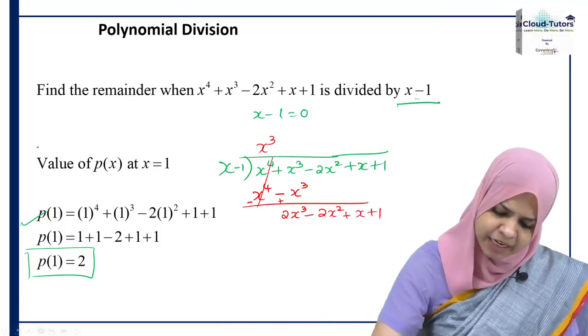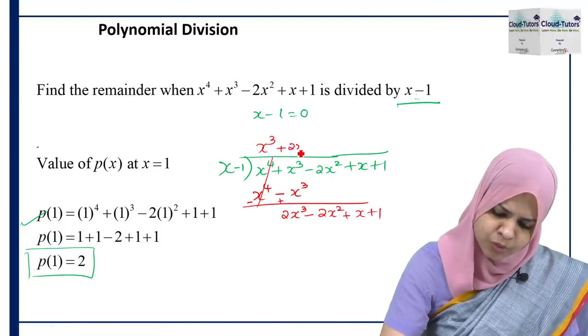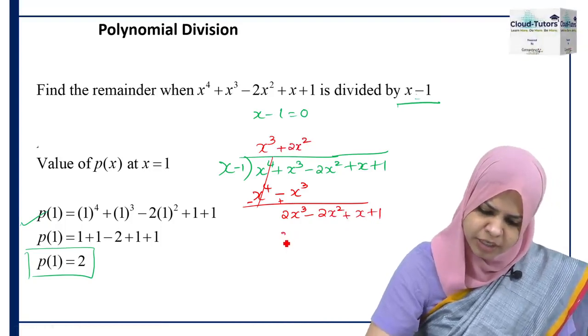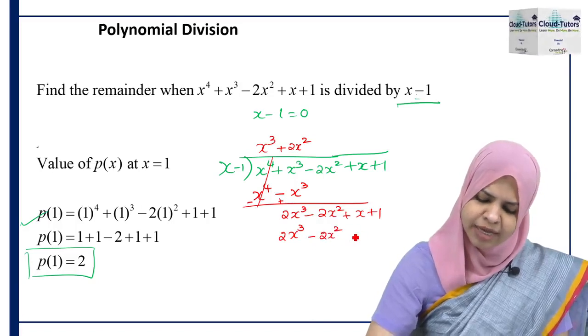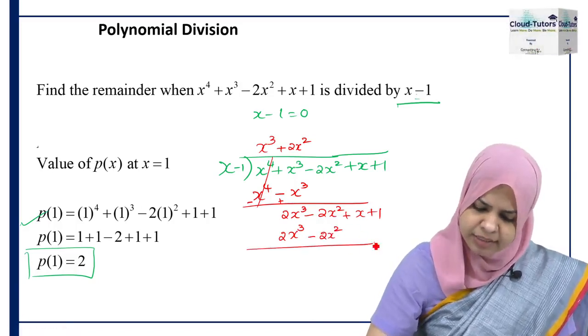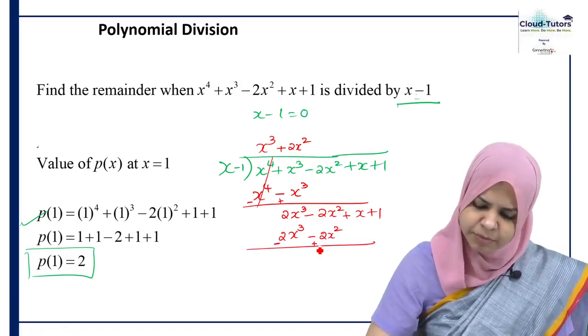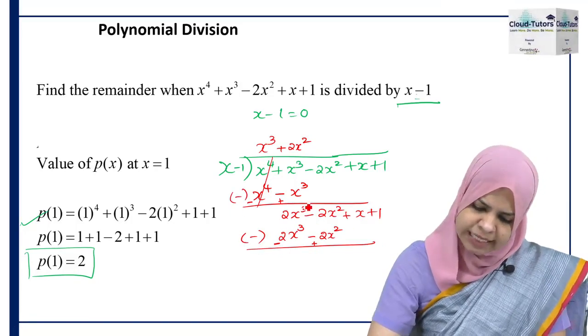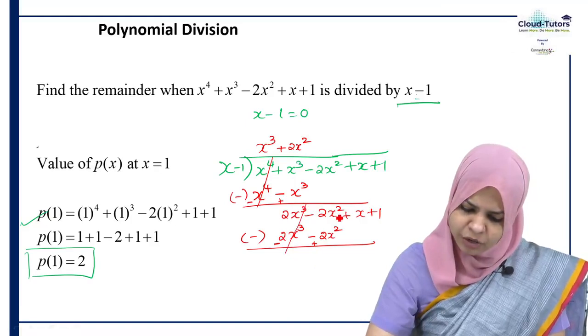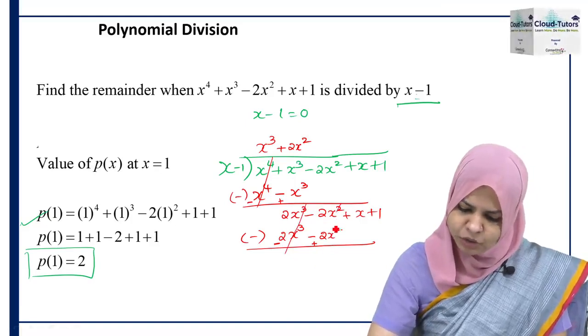Now I have to multiply it with plus 2x square. So this is 2x cube minus 2x square. That's it. Then subtract. This becomes minus, this becomes plus. Definitely I have some subtracting here. So yes, 2x cube minus 2x cube is 0. Minus 2x square plus 2x square is 0.